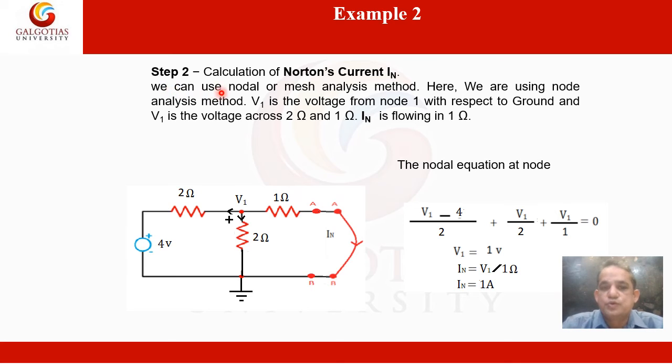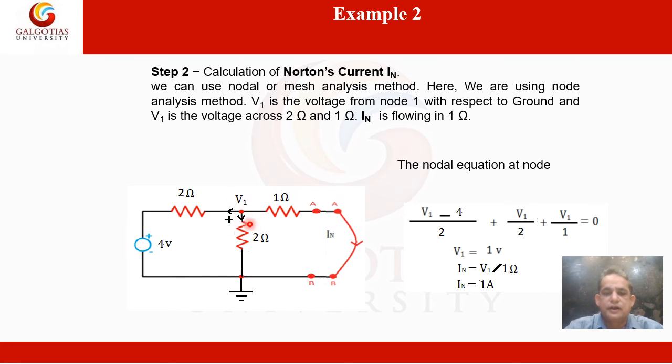We can use the nodal or mesh analysis method. Here we are using the node analysis method. If you want to use the mesh analysis method, then it's okay, you can use it. There are two nodes in the circuit. One node is grounded and the other node is named V1.